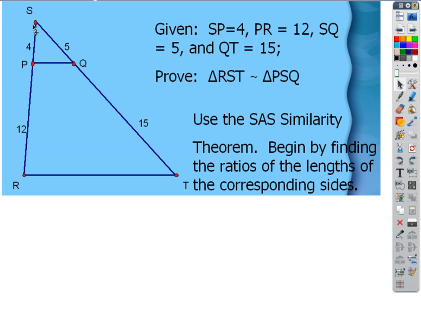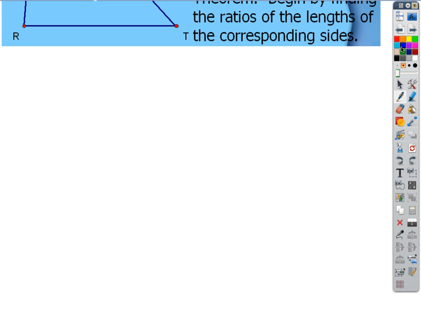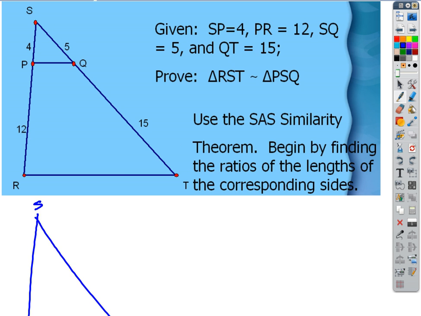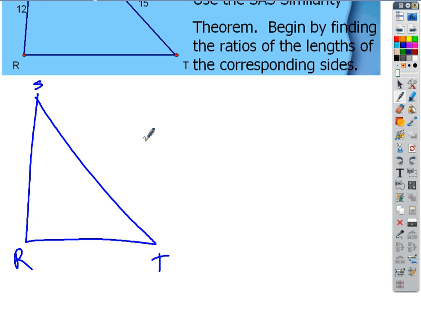So what we've got here then is SRT is the big triangle. So here it is. Or RST, I guess they called it. And the little triangle is PSQ. Right? It just looks like this.